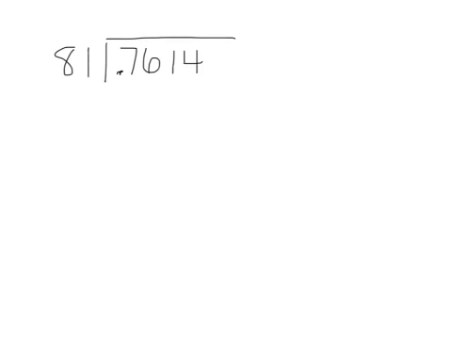Does 81 go into 7? No. Does 81 go into 76? No. Does 81 go into 761? You'll have to do the math, but yes, it goes in 9 times. 9 times 81 is 729.